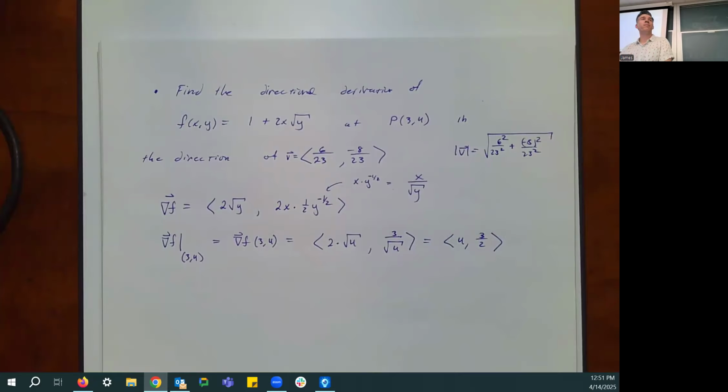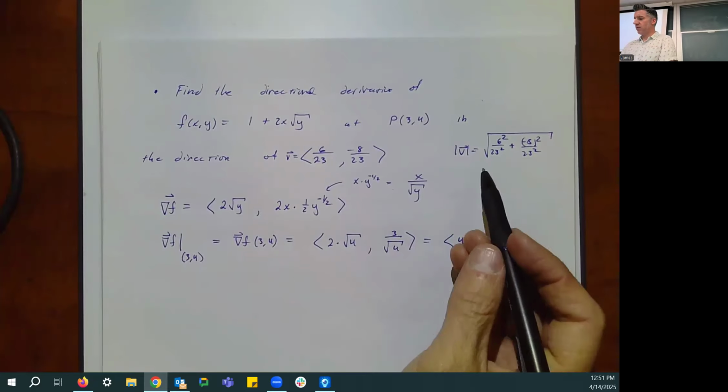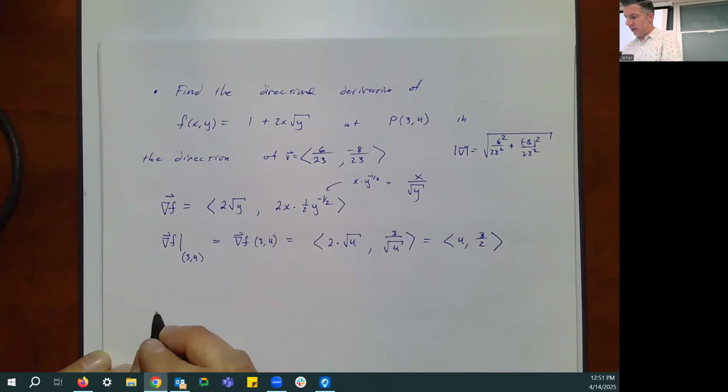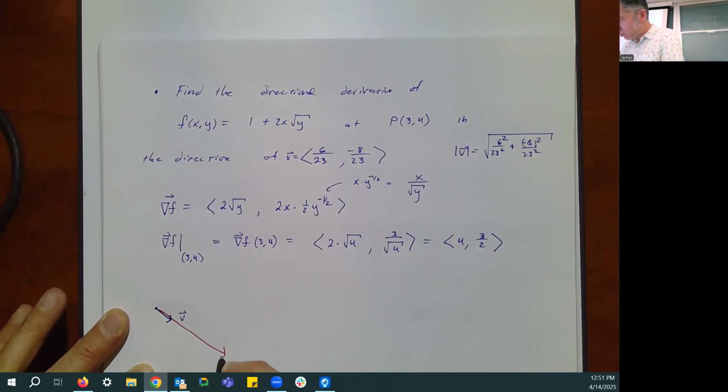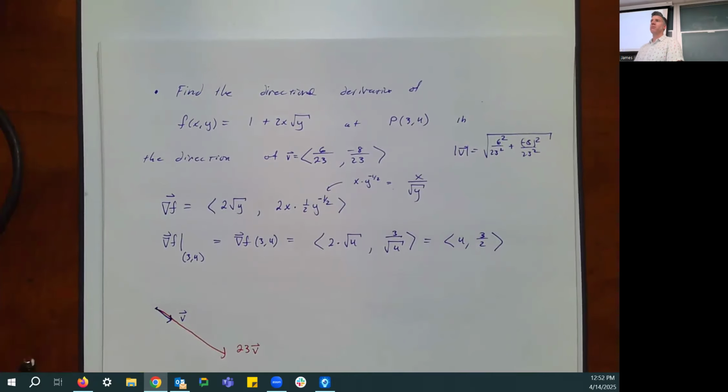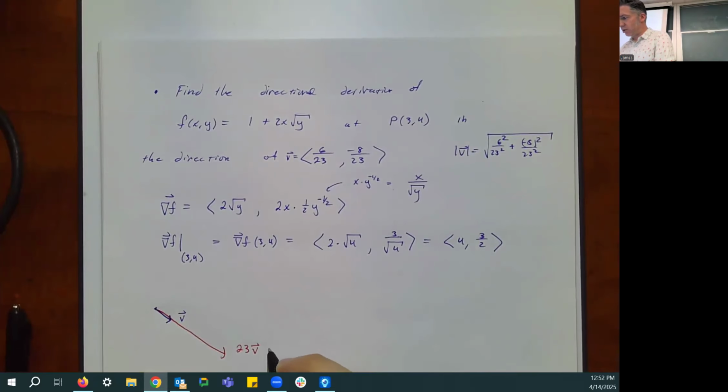There's a better way. That vector v points in some direction, right? Over 6 and down 8, v does something like this. It points that way. You know what else points in the same direction? Any multiple of v. So if I took, say, 23 times v, which is equal to the vector <6, -8>, either one of those, if you divide it by its own magnitude, will be a vector that points in the same direction with a length of 1.